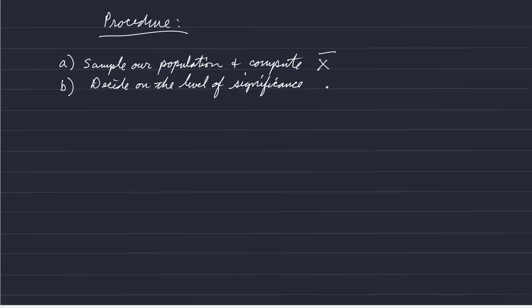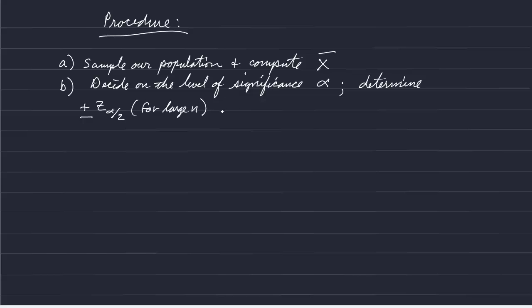Okay, the second part of our test is to decide on the level of significance. Okay, and that was alpha. And from there, we have to determine z sub alpha, plus and minus z sub alpha divided by 2, that is. And that's appropriate for large samples.